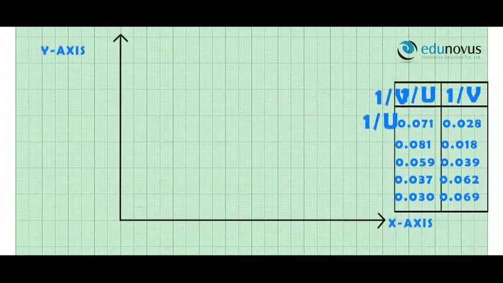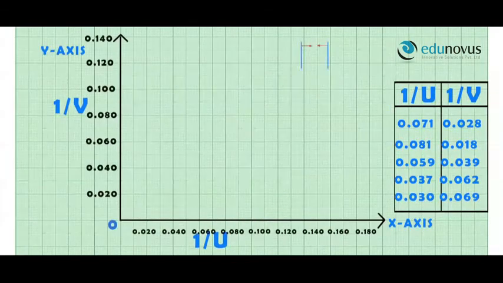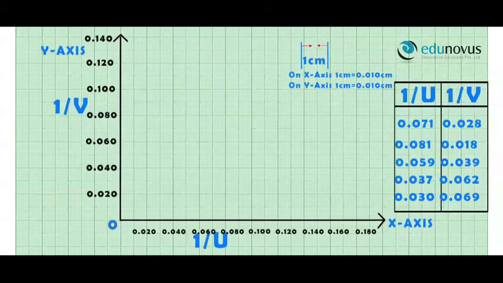Now, we plot another graph, that is 1 by u versus 1 by v, by considering 1 by u on x-axis and 1 by v on y-axis.